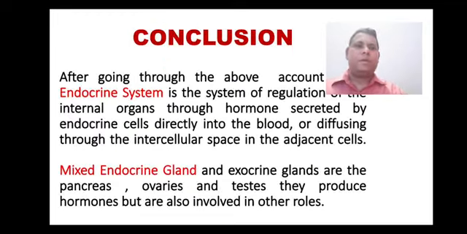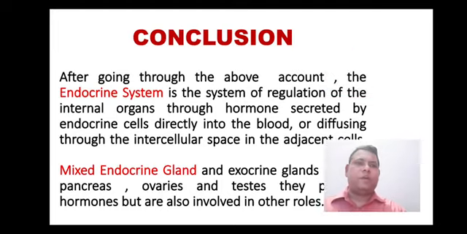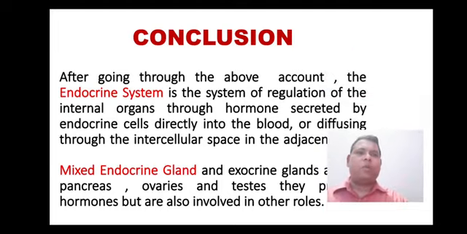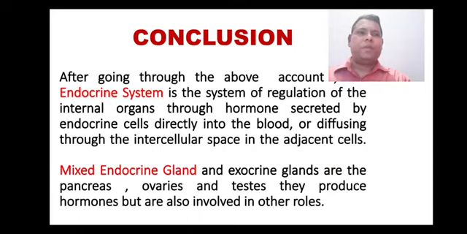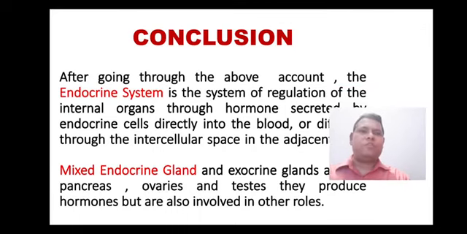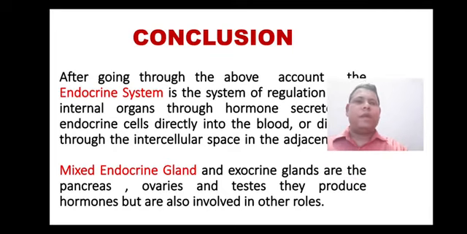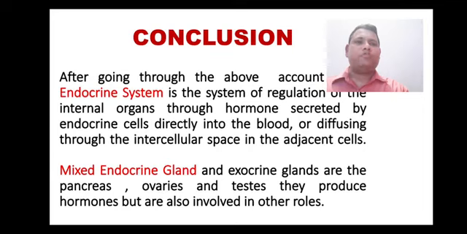Now this is the conclusion. After going through the above account, the endocrine system is a system of regulation of the body's internal organs through the hormones secreted by the endocrine cells directly into the blood, diffusing through the intercellular space and adjacent cells.